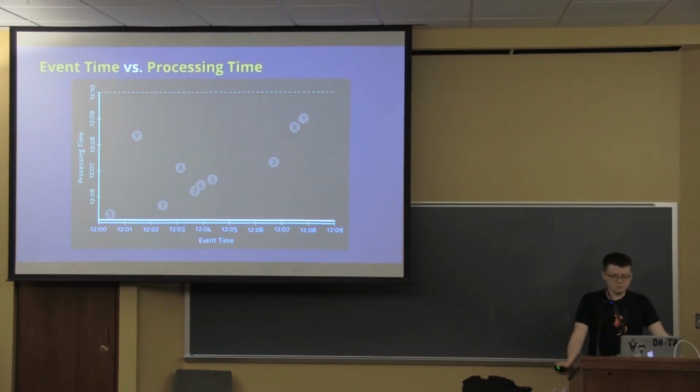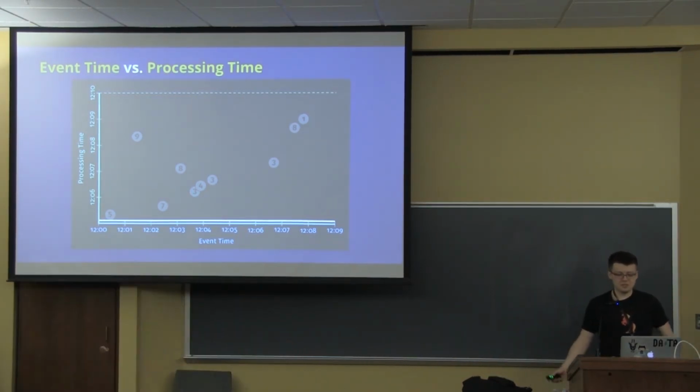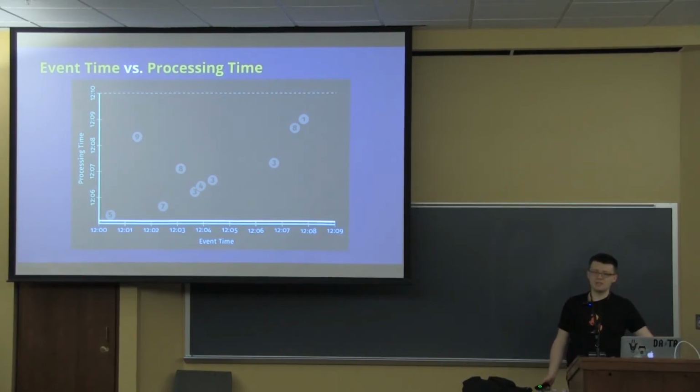So when we are doing streaming, and if you are like Spotify or some mobile gaming company, whatever, it's very important to understand that there is a difference between event time and processing time. So if I played music during my cross-Atlantic flight, event time would be 1, but then processing time would be much, much later because I didn't have any internet on my plane.